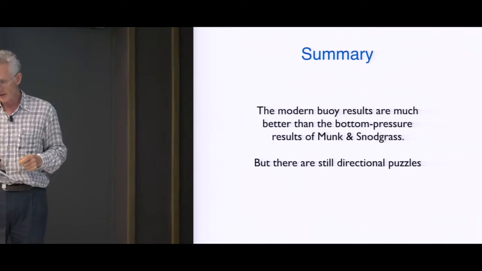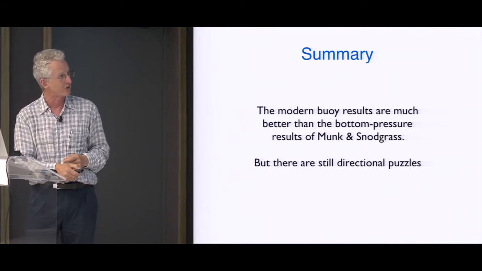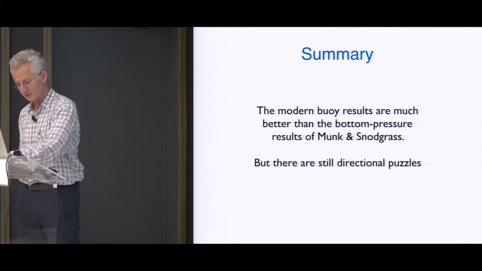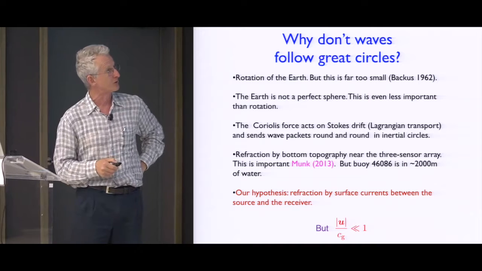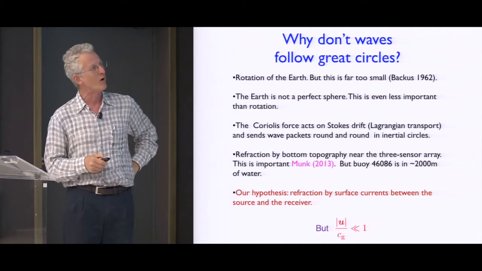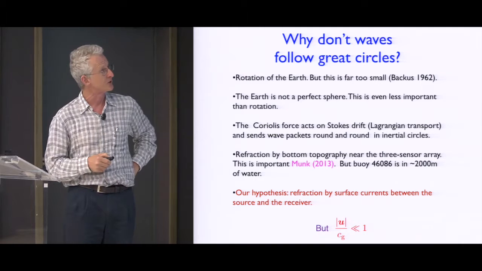So to summarize there, the modern buoy results are actually much better than the bottom pressure measurements of Munk and Snodgrass, but there are still some issues. So why don't waves follow great circles? Well, why do some waves not follow great circles is the question. So here are some of the suggestions.